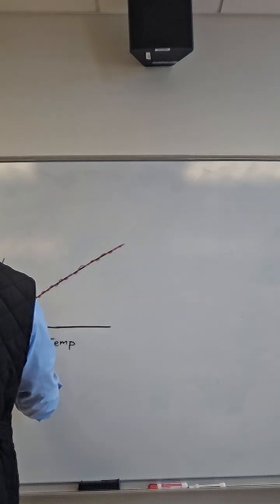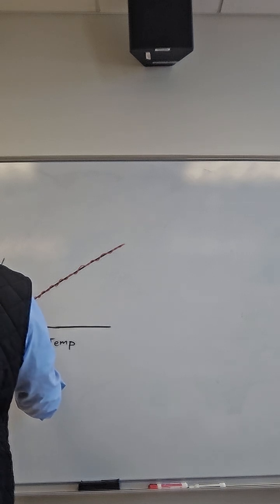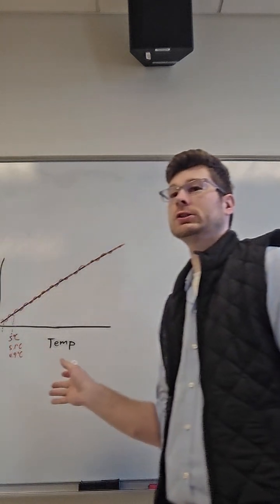Okay, so that has a couple of implications. One is that our signal will never perfectly be accurate, right? If this should read exactly bang on at 5 degrees C, this might read 5.1 degrees C one second and 4.9 degrees C the next, even though nothing actually changed.